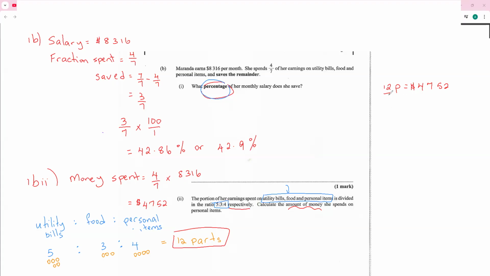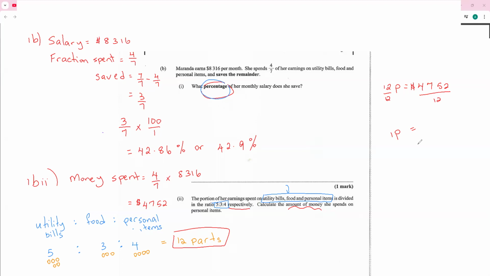If I want to find for one, I'm going to divide the left side by 12. And whatever I do to the left side, I must do to the right side because your equal sign is like a balance scale. So 12 divided by 12 will make it one part. And I'll also divide this side by 12.